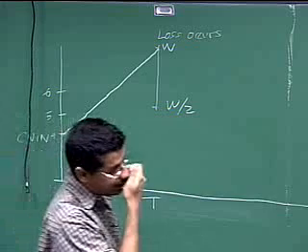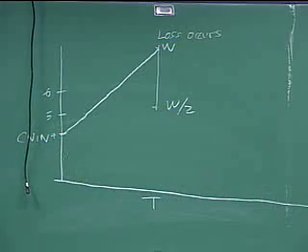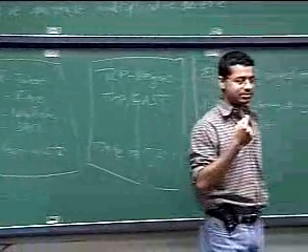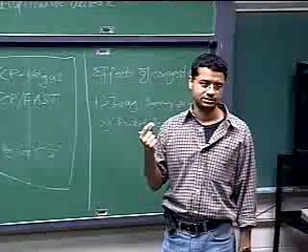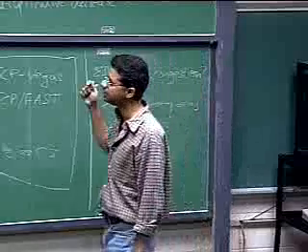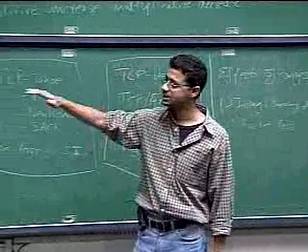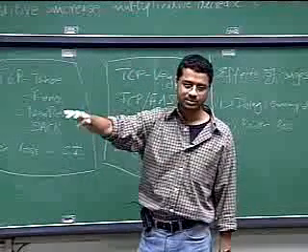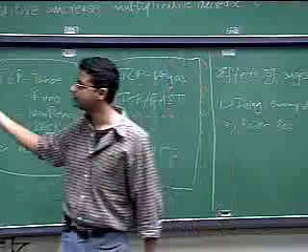So what is the idea? In every round, if TCP does not sense any congestion, if it does not get any loss, it increases the window size additively by 1 packet. If there is a loss, then it decreases the window size multiplicatively. So if your current window size is W, it makes the new window size W over 2, and then it starts again.